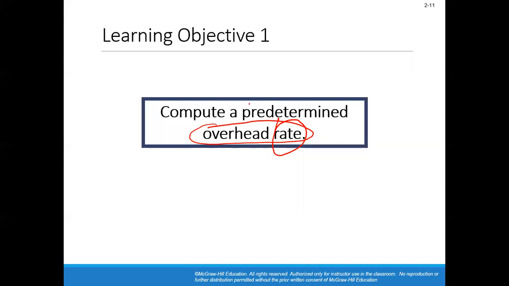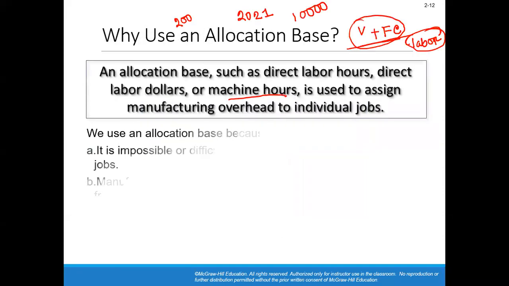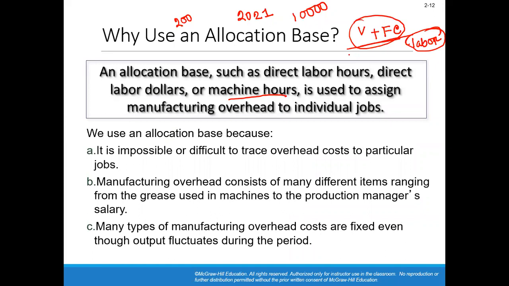But you see that I am thinking of this allocation base, or this overhead cost, before actually incurring the manufacturing overhead cost for the jobs. I'm doing this in advance. I'll show you what the challenges of assigning the overhead cost in advance are and why it is required.